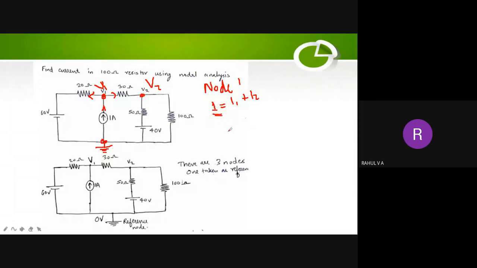How to write the equation for I1? I1 is the current flowing through the 20 ohm resistor. So I can write the equation for current in terms of voltage and resistance. That is (V1 minus 60) divided by 20, plus I2, the current through the 30 ohm resistor.